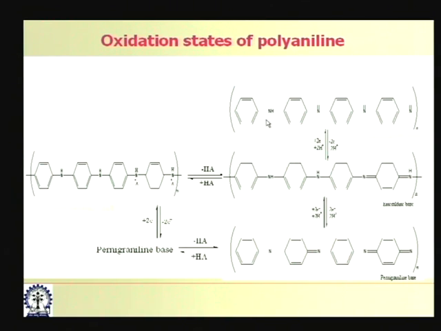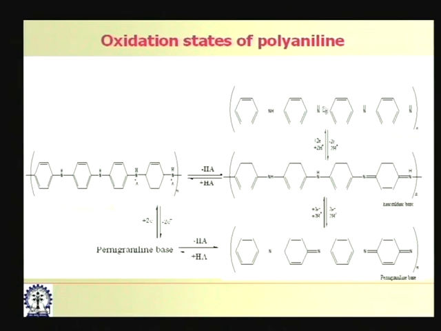Since there is no conjugation, you cannot get conductivity from this structure. So, in order to get conductivity from such a structure, we have to convert it to salt form by doping with acid or other agents, which will convert this amine structure to this imine structure.